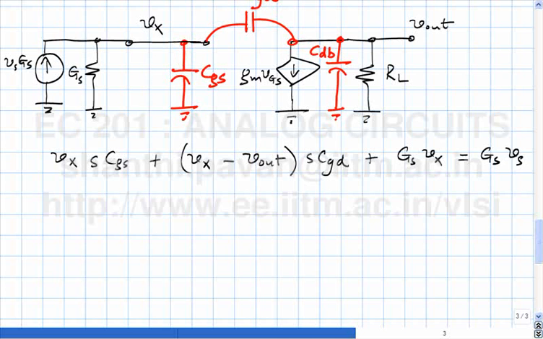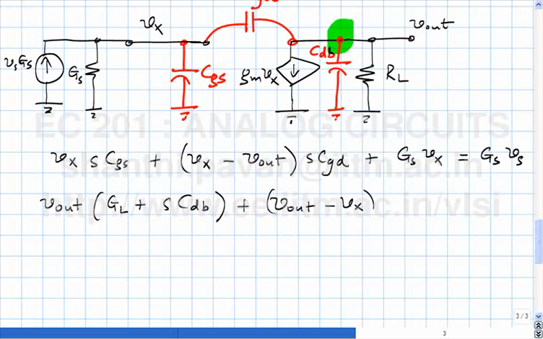What about this node? Again, Vout times GL plus SCDB. This must be Vout minus Vx times SCGD.